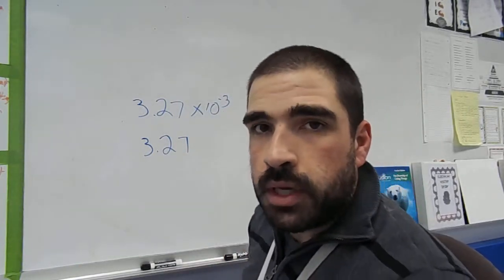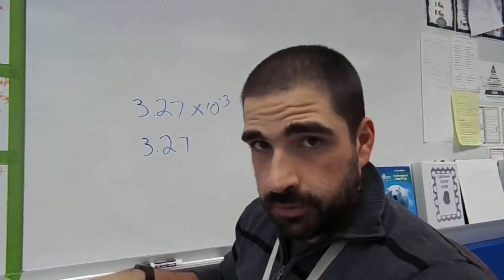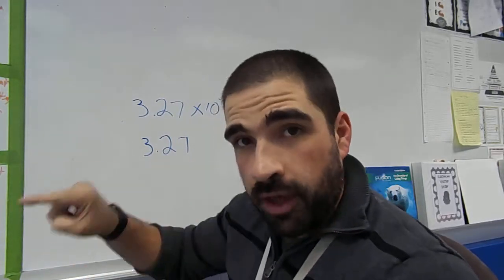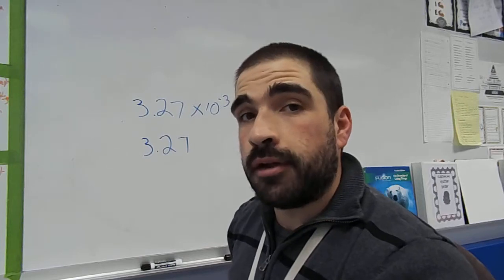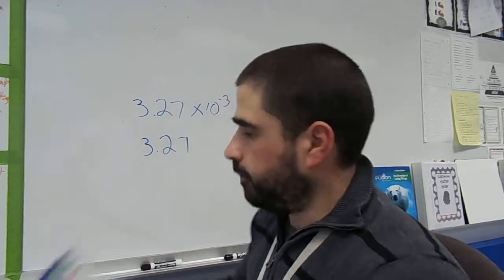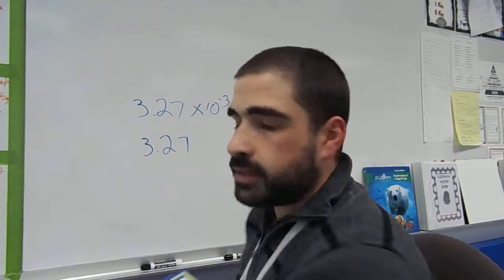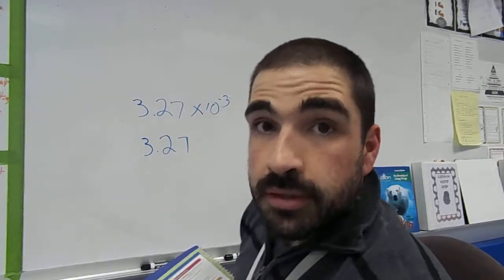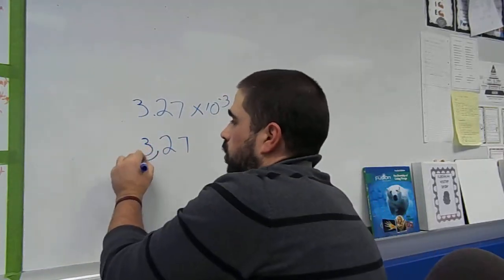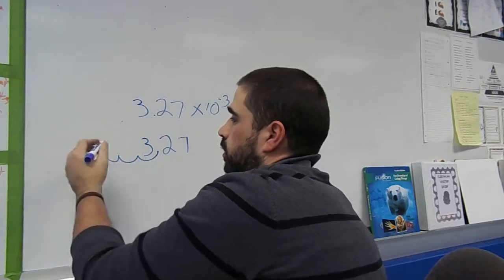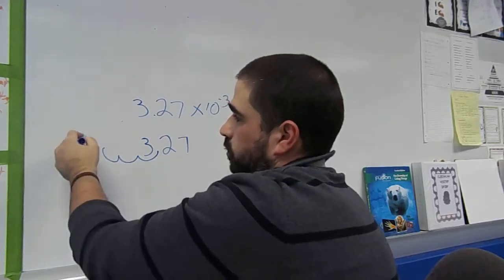Negative 3. Anytime you move negative, you go left. So I'm going to move my decimal place 3 places to the left. 1, 2, 3. Step 2 is move it over.